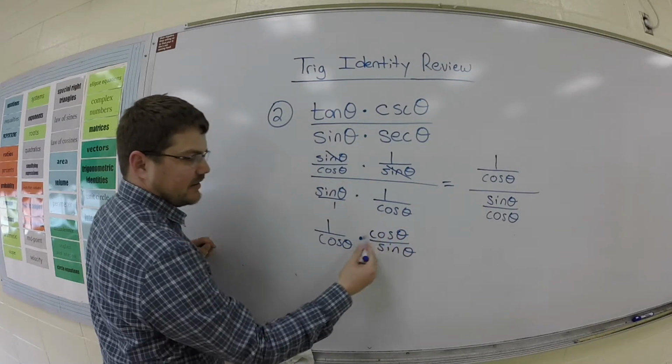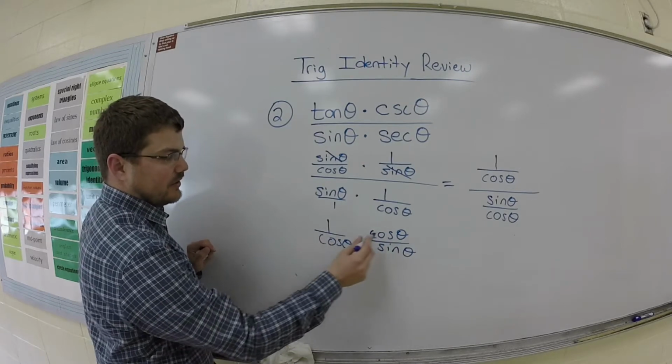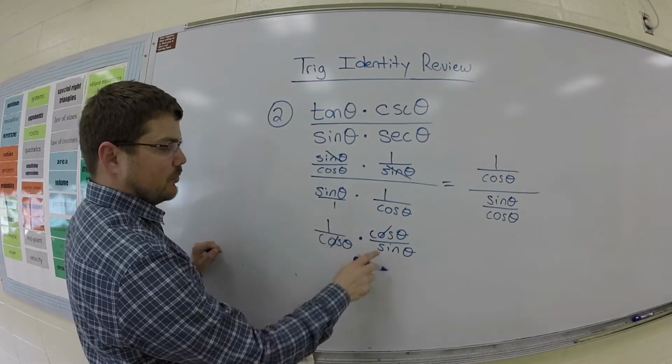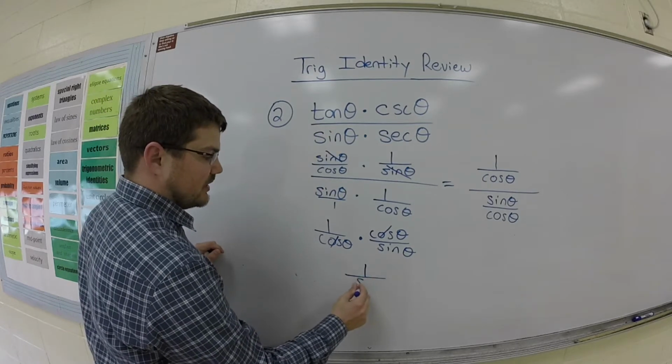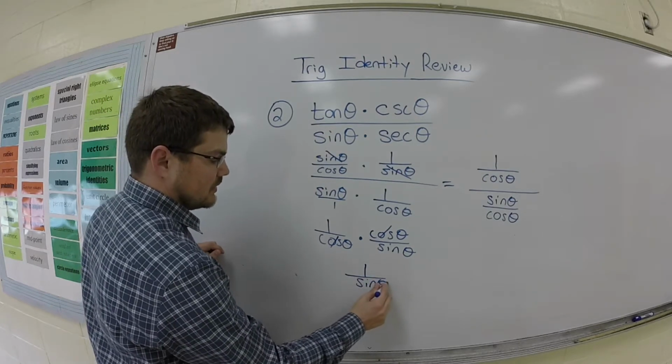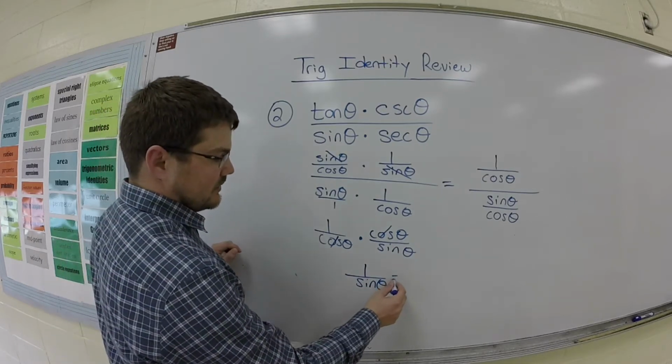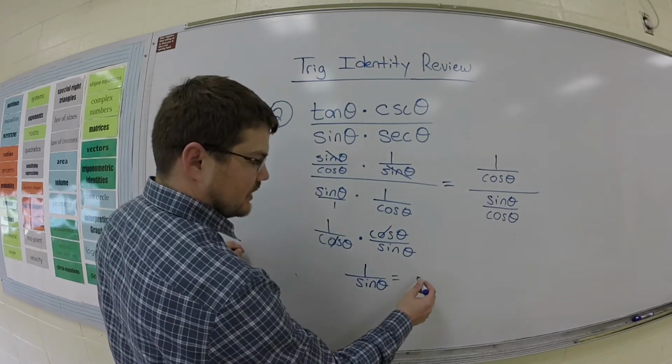Look diagonally, we can cancel the cosines. So this will be 1 over sine, and 1 over sine is equal to cosecant.